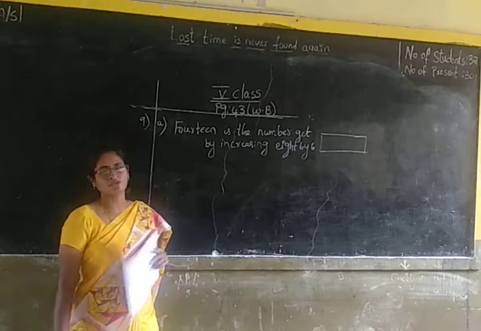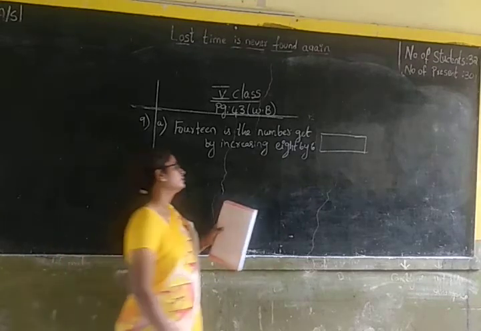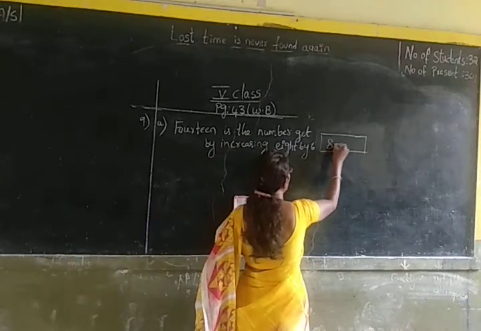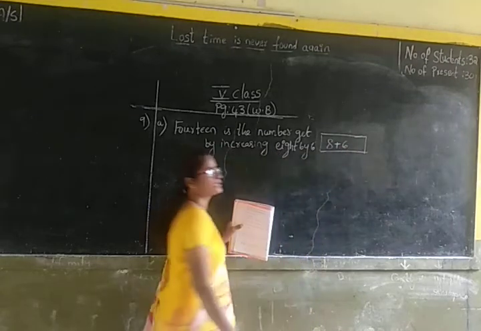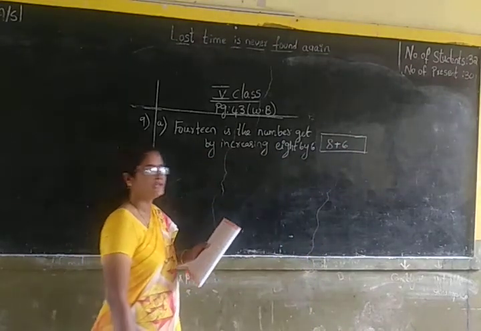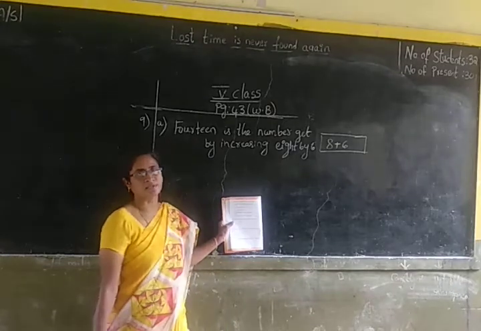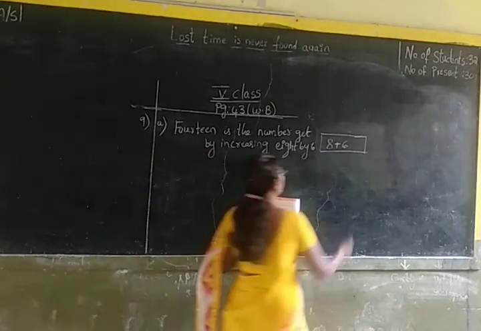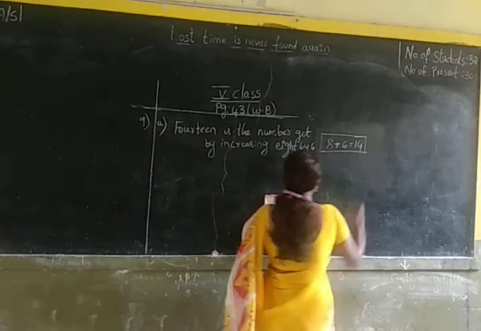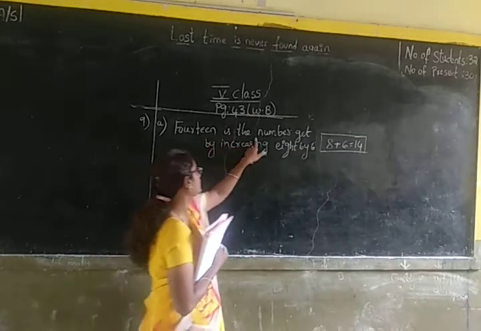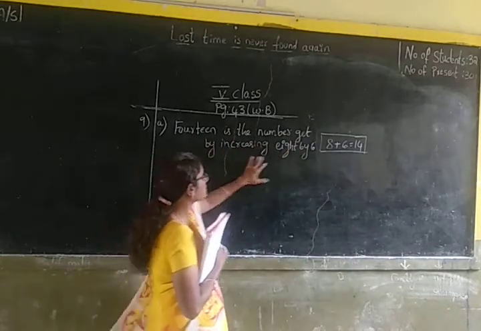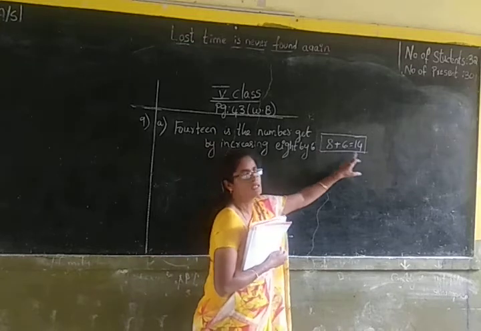Here increasing means you have to do addition. So you have to increase 8 by 6, which means you have to place the addition symbol between 8 and 6. 8 plus 6 is how much? 14. So 14 is the number got by increasing 8 by 6.